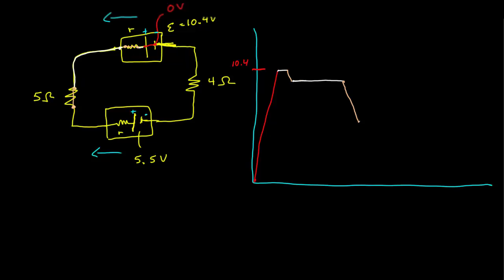If you have lots of batteries and really complicated circuits, sometimes it can be very difficult. You might just have to guess one way and then see what your answer ends up to be. In this case, however, I just have two batteries. They're opposing each other. One has a higher potential than the other. It's going to win out, and the current is going to be going counterclockwise again.